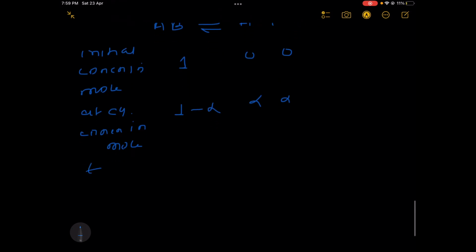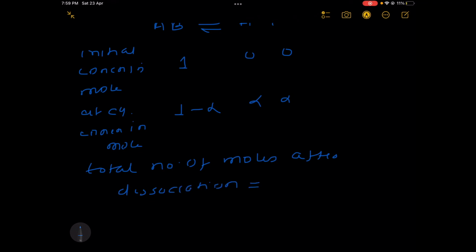So the total number of moles after dissociation becomes 1 minus alpha plus alpha plus alpha. This cancels out, coming to 1 plus alpha.